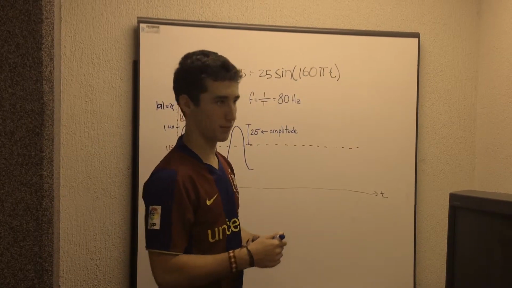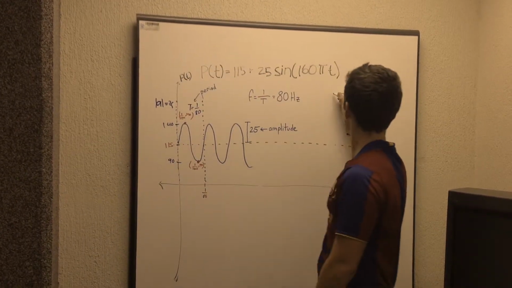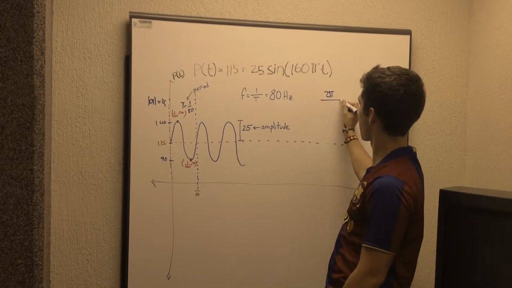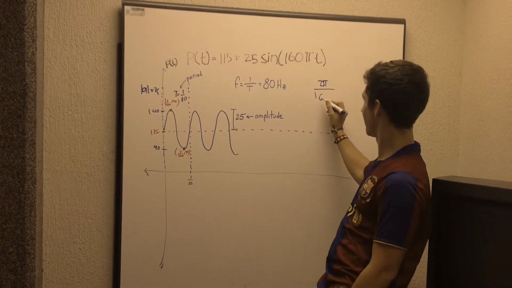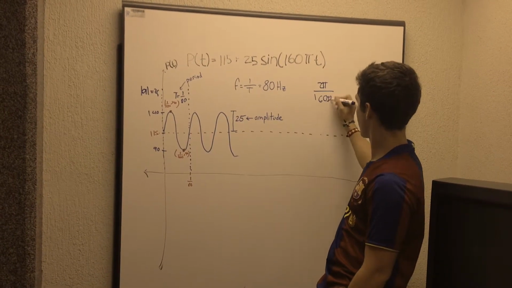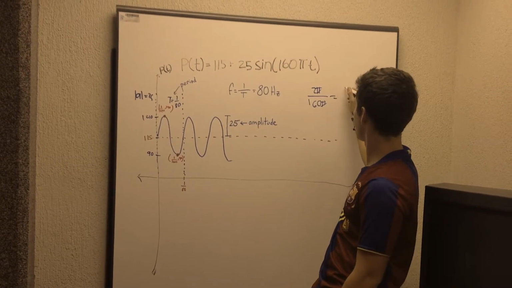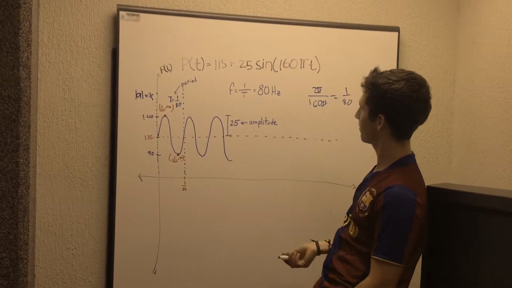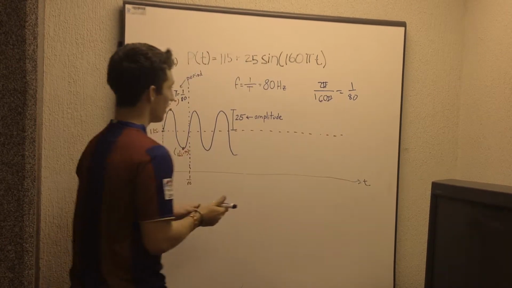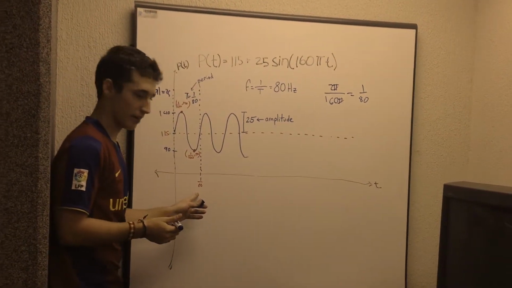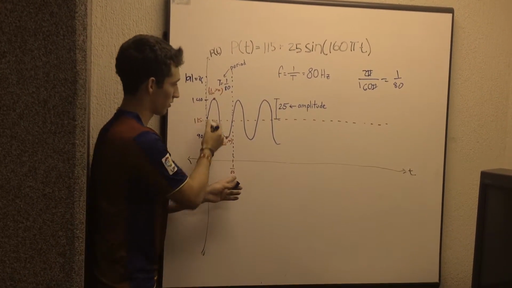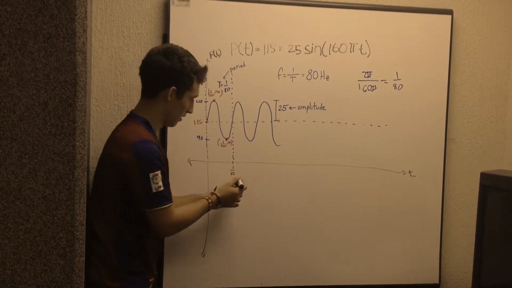Okay, and then this is your argument. So you have 2 pi, which is the normal period, over 160 pi. You cancel pi, and that gives you 1 over 80, right? And 1 over 80 is the time it takes for the function to repeat itself.